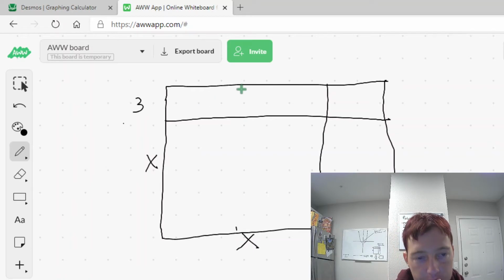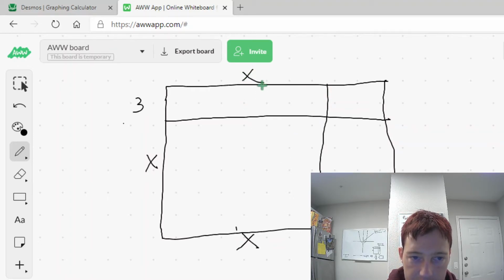So our rooms, we have partial dimensions for each of them, right? So there's an X here defining this length, and there's a 3 here defining this length. There's an X here defining this length, and a 4 here defining this length. Well, we can infer because this length is X. Well, this length, you know, there's a perpendicular line intersecting it right there too.